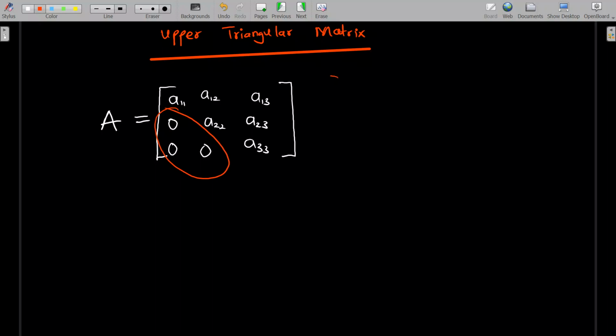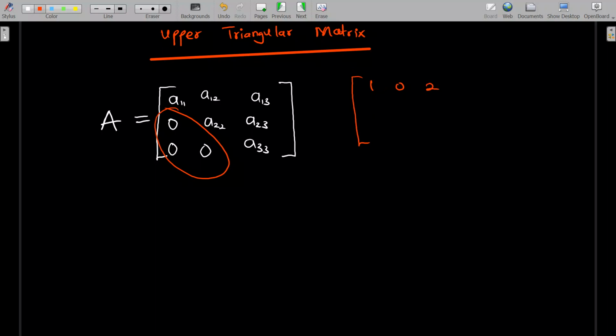It can happen that you would have A11, a 0 here, and maybe A13. Let me use actual values for you to know what I'm talking about. This is an upper triangular matrix.